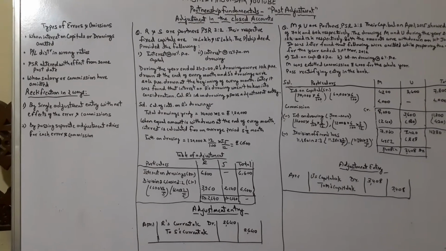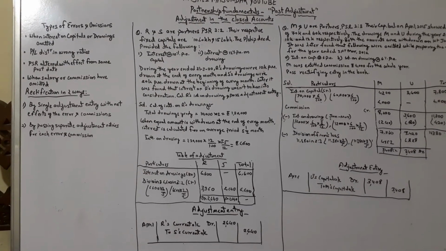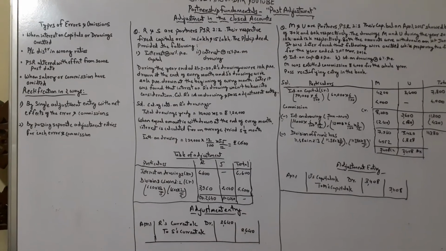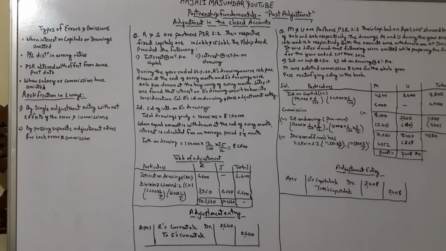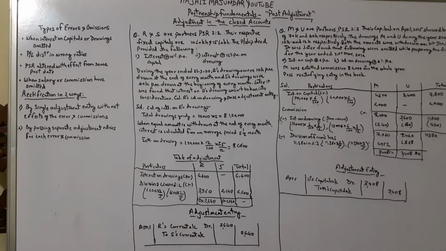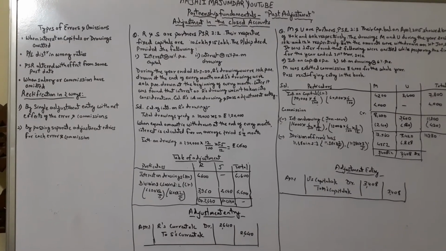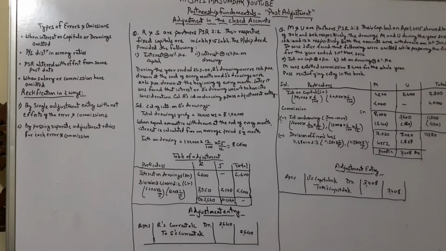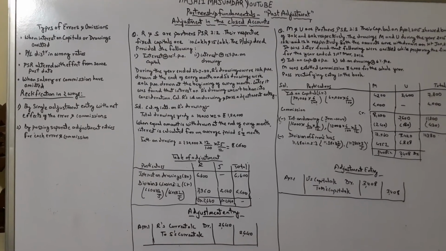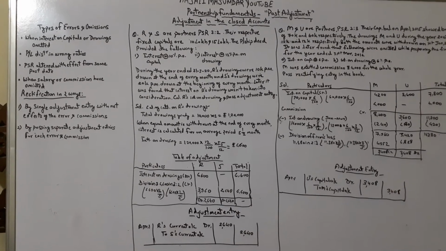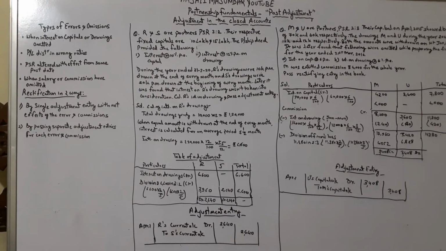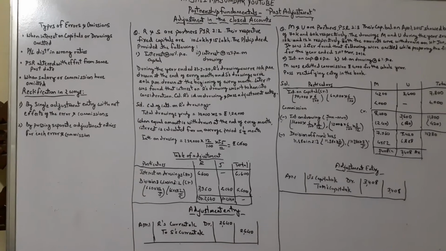This 6,600 will then be divided in the profit sharing ratio of 3 to 2 on the credit side. For R it is 6,600 into 3 upon 5, and for S, 6,600 into 2 upon 5. So you will get 3,960 for R and 2,640 for S. Now the debit, which is 6,600, minus the credit, which is 3,960.